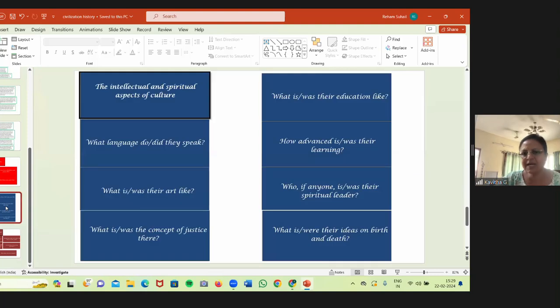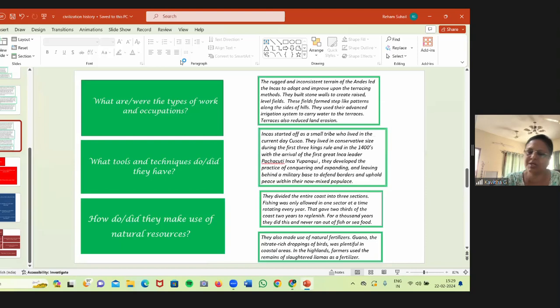So these are the questions that we are looking at for any civilization, and you will see how it simplifies the whole textbook for the child. You have your history textbooks. Just go through any one chapter on civilization. You see how you start from somewhere and then you go on and on and on.